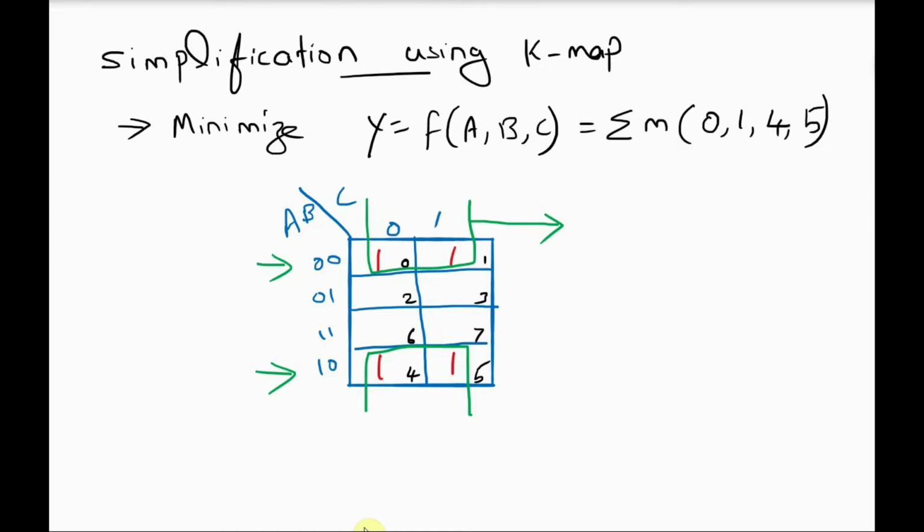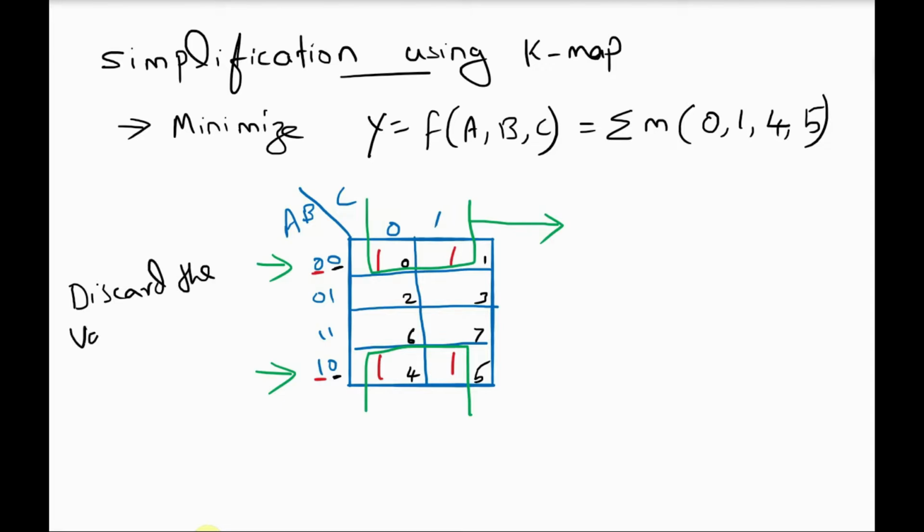When we consider the first row and the last row, the value of a is changing. In the first row a is 0, in the last row a is 1. But the value of b remains the same. We will discard the variable whose value is changing.